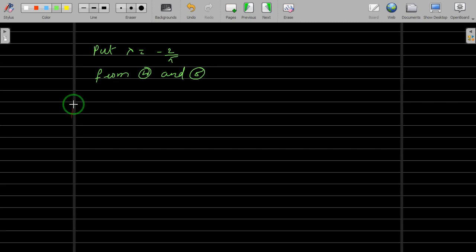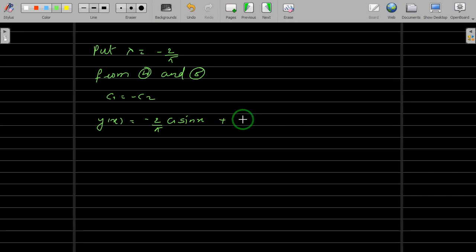C1 is minus C2. In that case you will have y of x equal to minus 2 by pi lambda C1 sin x, and then minus C2, which is nothing but C1.